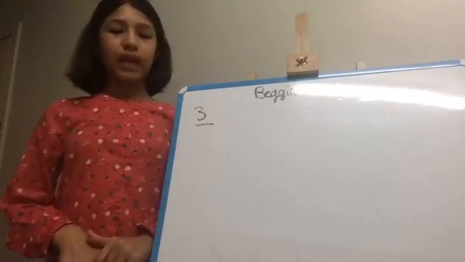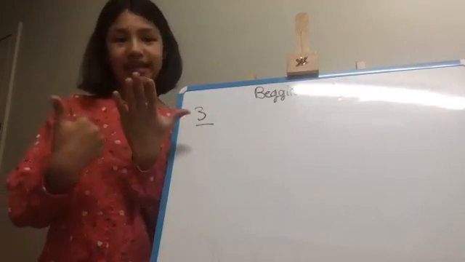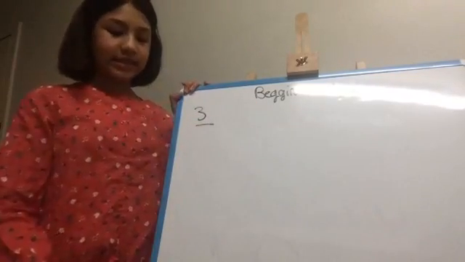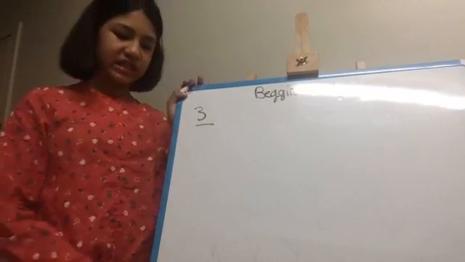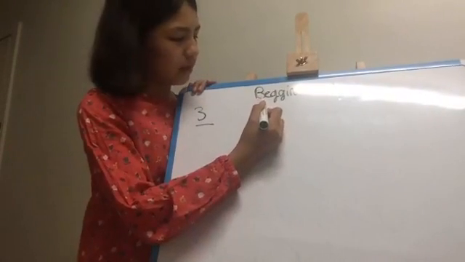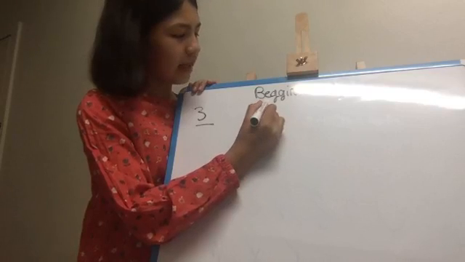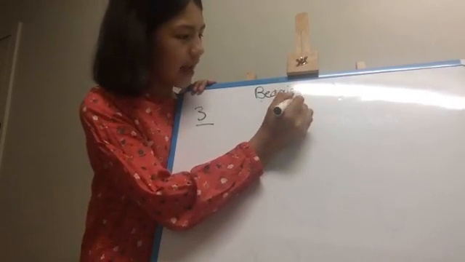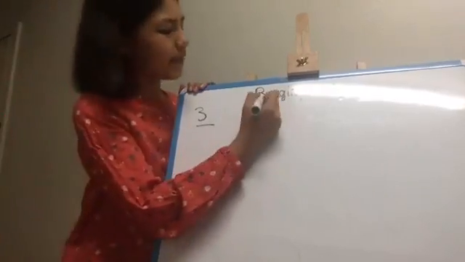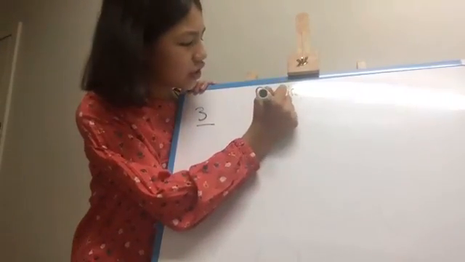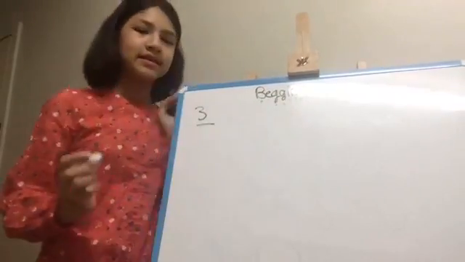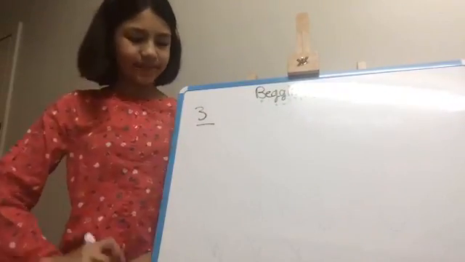So that must mean there are 6 consonants. Let's see what the consonants are. We know that E, I and E are vowels, so that must make B, G, N, N, R, S consonants.